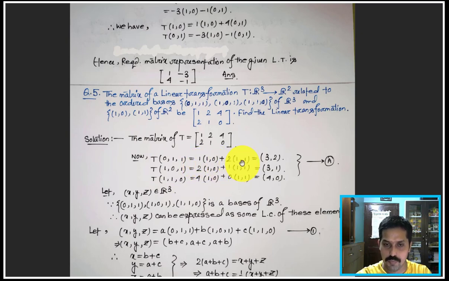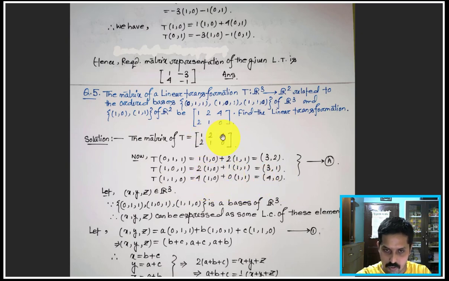These two are the basis for the codomain, and these are the basis for the domain. So what is the linear transformation of (0,1,1)? It is 1 times (1,0) plus 2 times (1,1), that is (3,2). Next, T of (1,0,1) is 2 times (1,0) plus 1 times (1,1), that is (3,1), and T of (1,1,0) is 4 times (1,0) plus 0 times (1,1), that is (4,0).